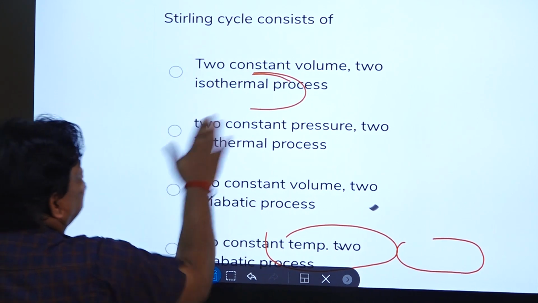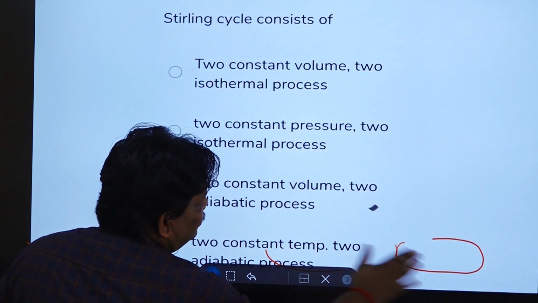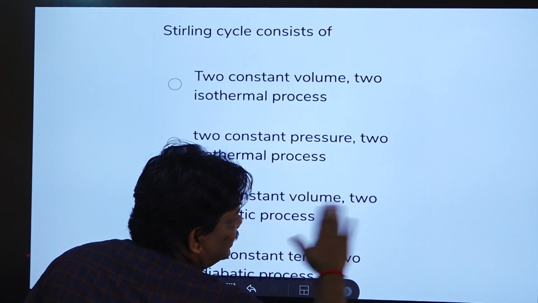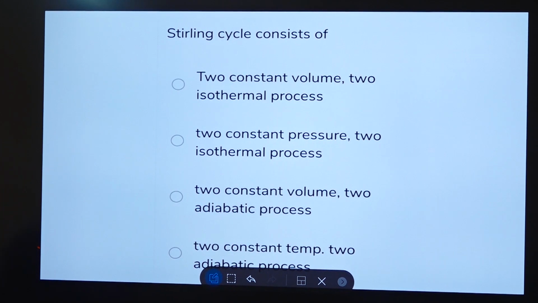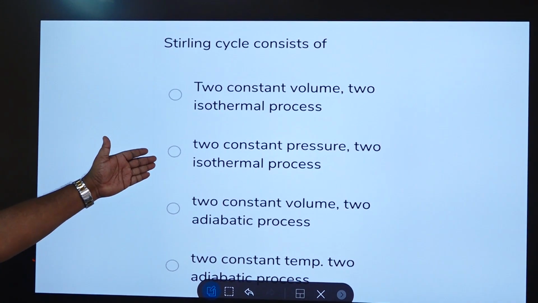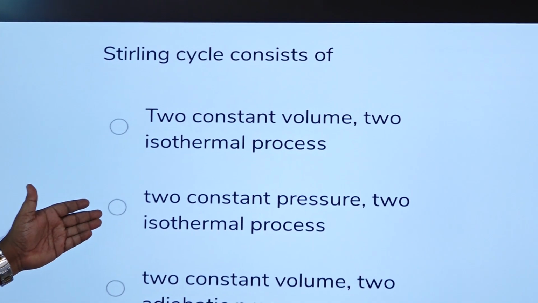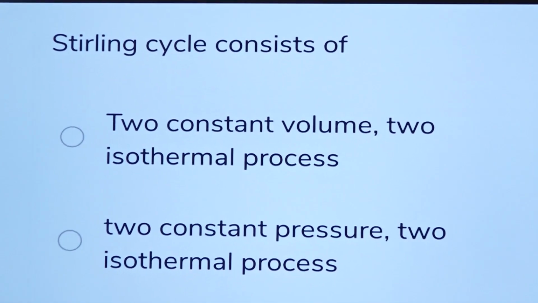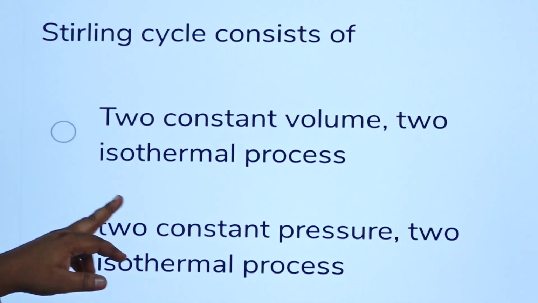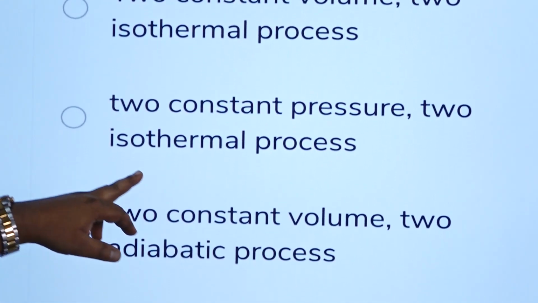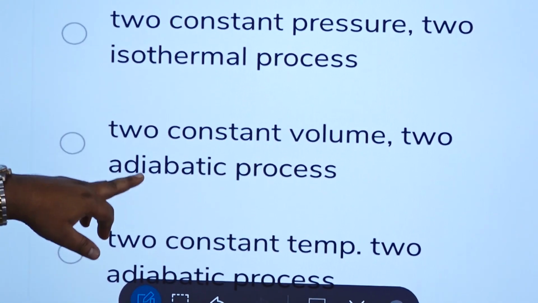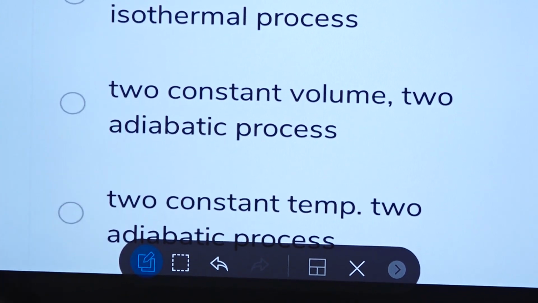So far we have seen the dual combustion cycle, then the Stirling cycle and the Ericsson cycle. Now you can see here, the Stirling cycle consists of how many processes? You may get these kinds of questions. The options are 2 constant volume, 2 isothermal; 2 constant pressure, 2 isothermal; and 2 constant volume, 2 adiabatic.